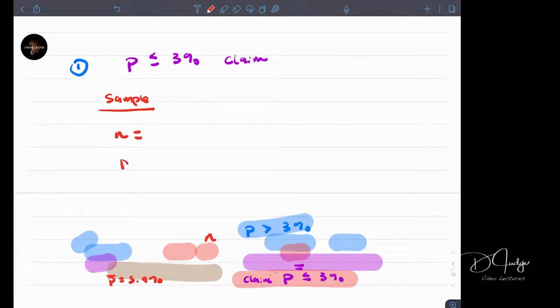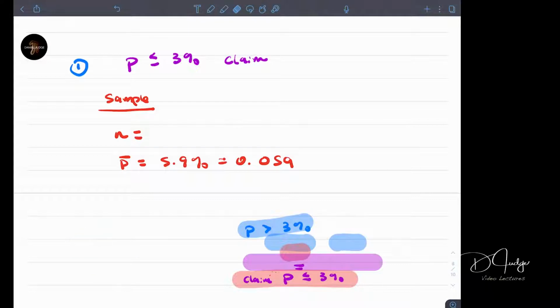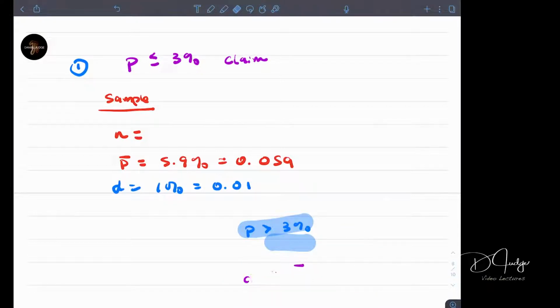We'll double check, but we know the sample proportion for defects is 5.9%, which is 0.059. Okay, so we have that, and I think this was the 1% level. So alpha is 1%, 0.01. I just wonder what the sample size is going to be. Okay, so I'm going to have to go back and get that in for sample size.